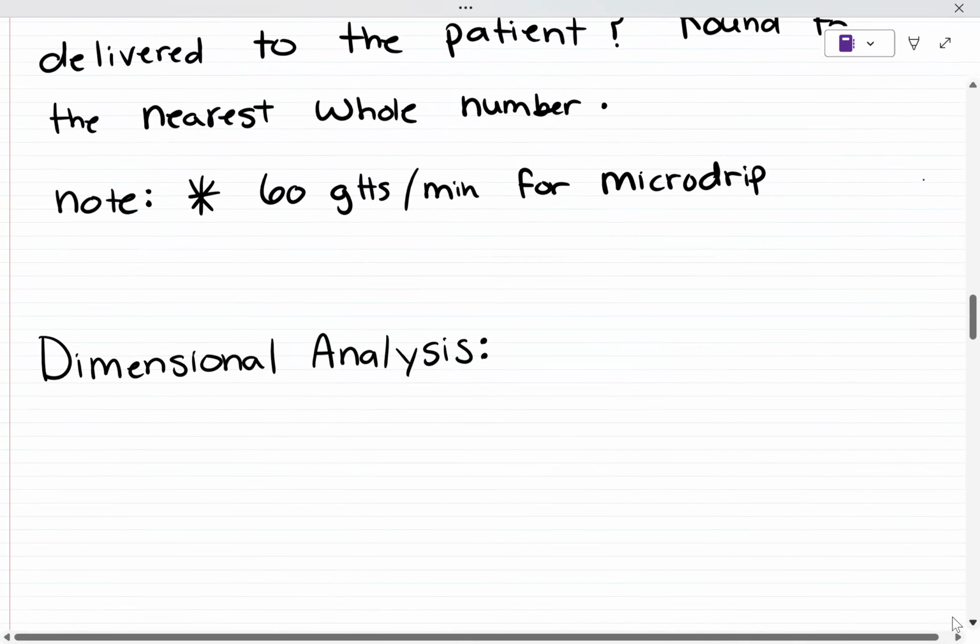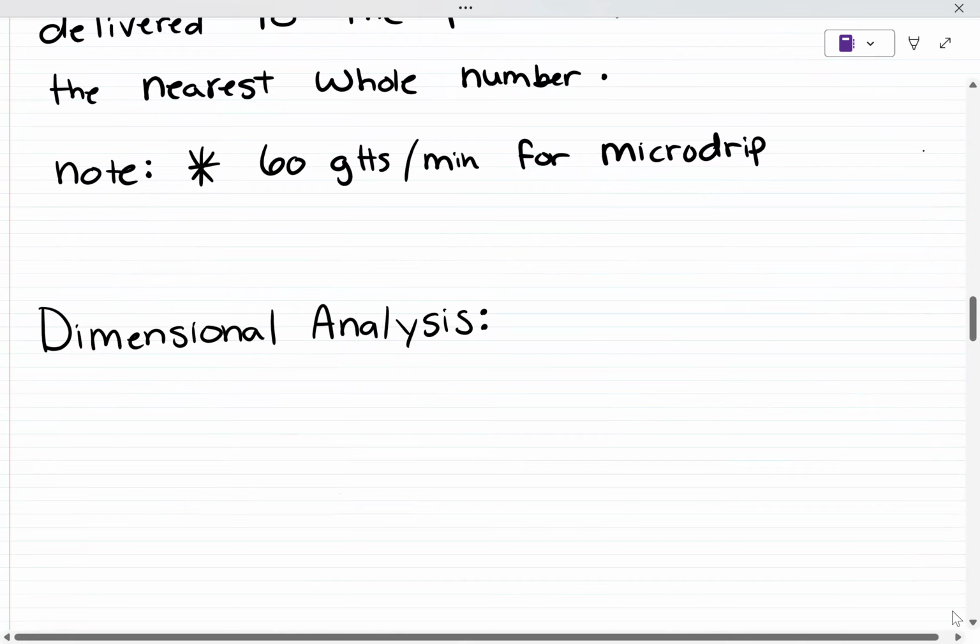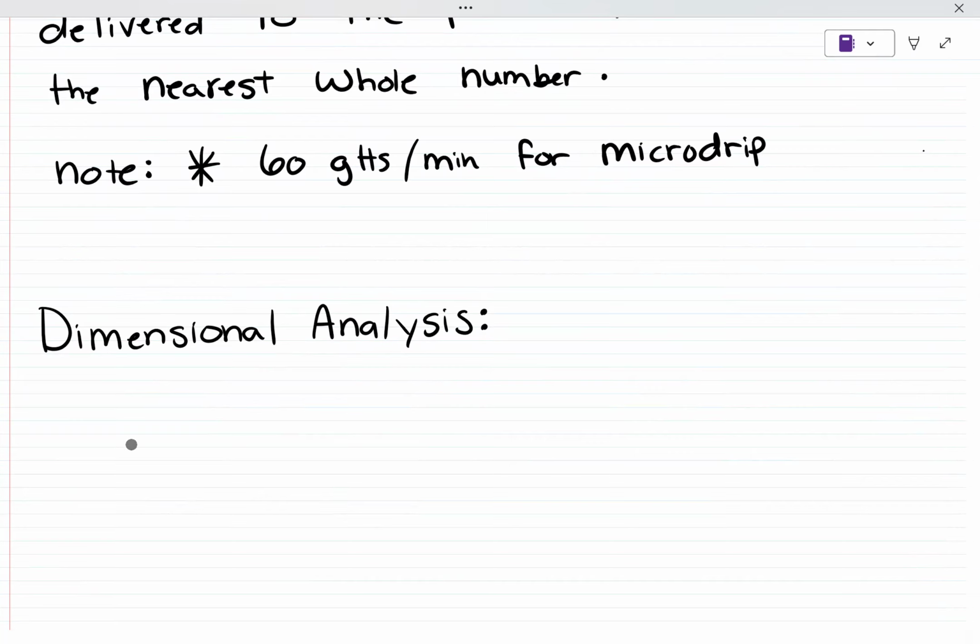So we can do this problem in dimensional analysis and ratio and proportion. Let's start. I like dimensional analysis because you get all your answers done. With dimensional, you always start with what you have. The order is for 50 milliliters NS to infuse over 30 minutes.